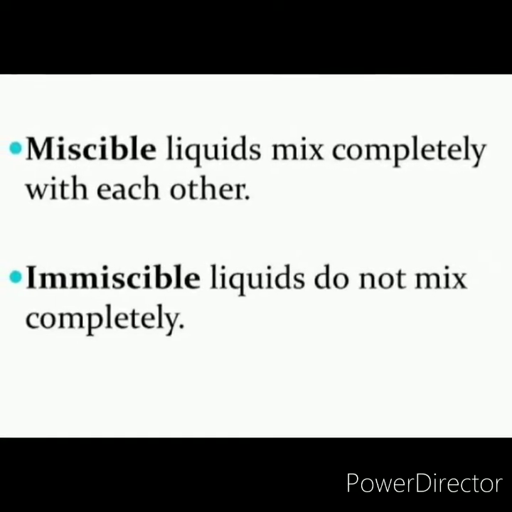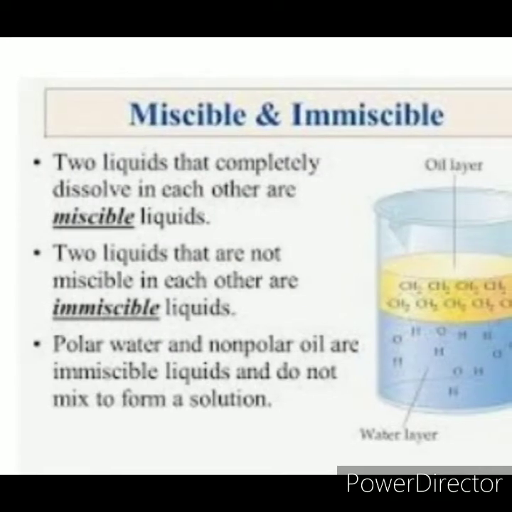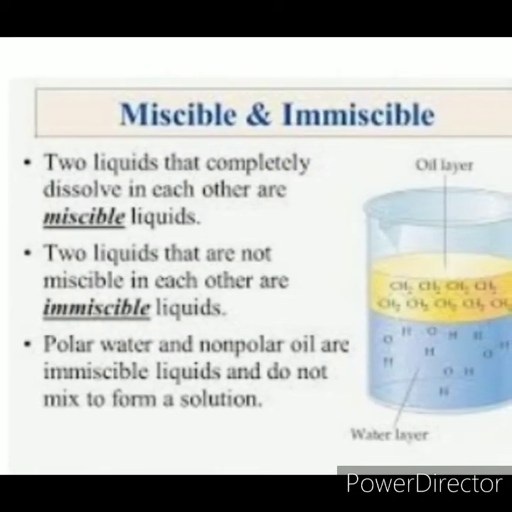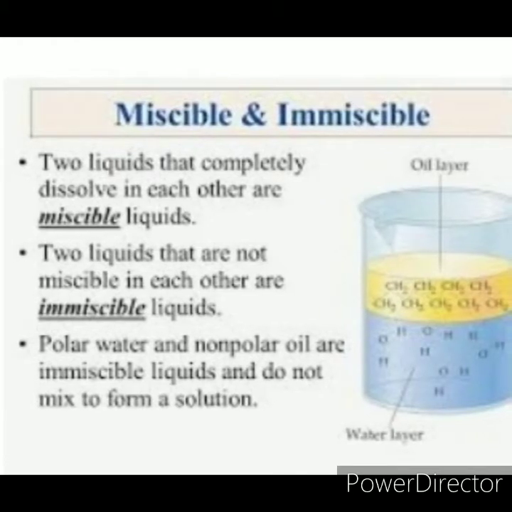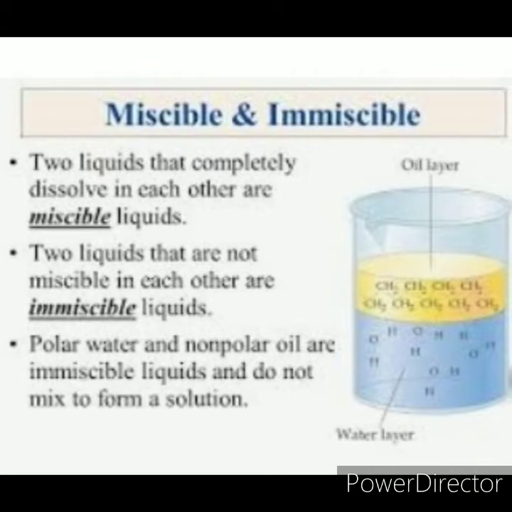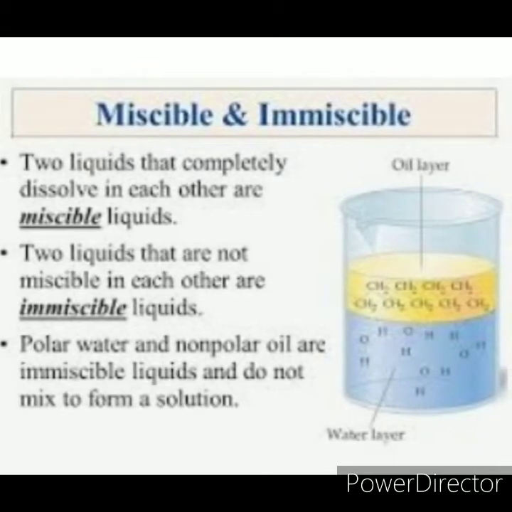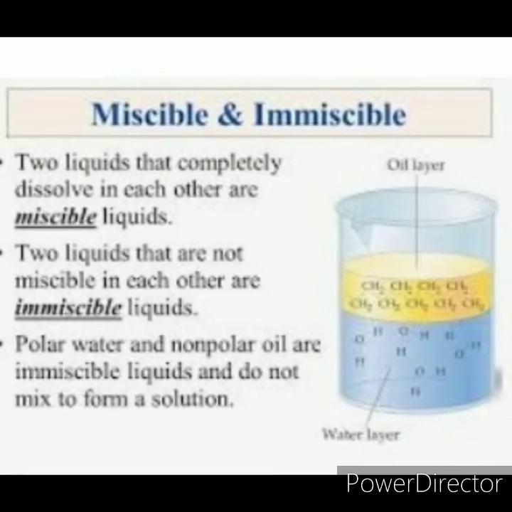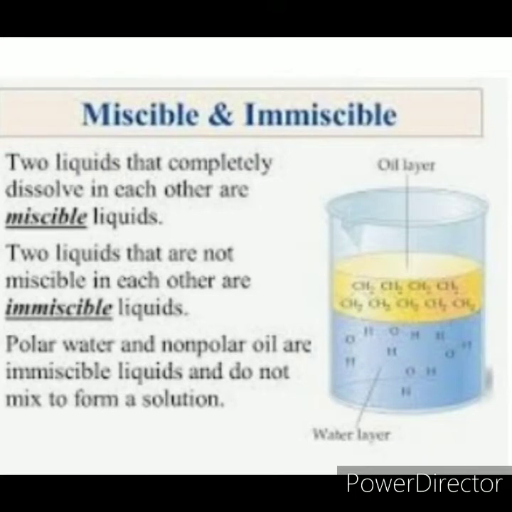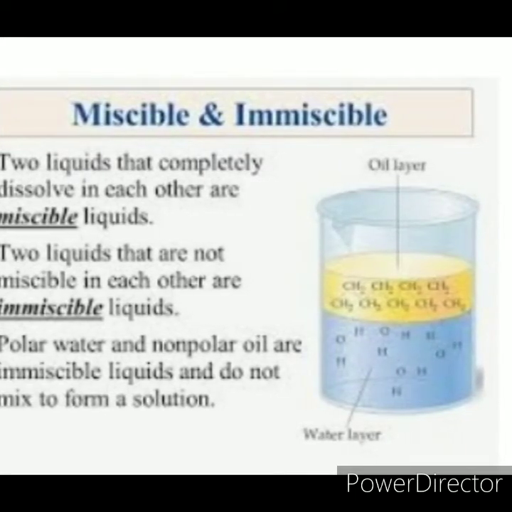We can see with our eyes that they are easily separated. Now, miscible liquids are two liquids that can get dissolved into each other. For example, if you take lemon juice and dissolve it in a glass of water, these two liquids are easily mixed into each other, and that is why they are called miscible liquids.